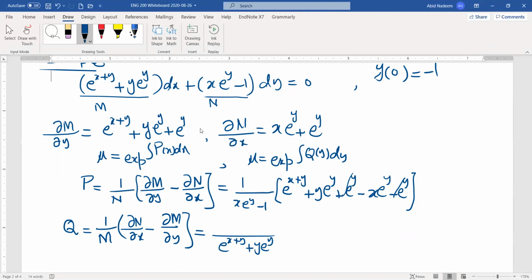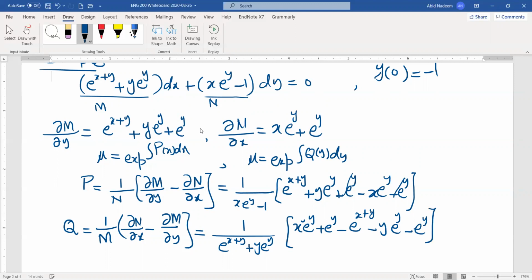And then partial N over partial x will be x e power y plus e power y minus e power x plus y minus y e power y and minus e power y.